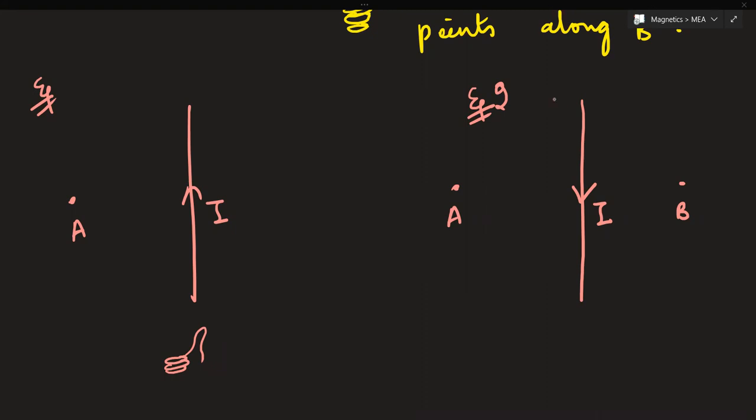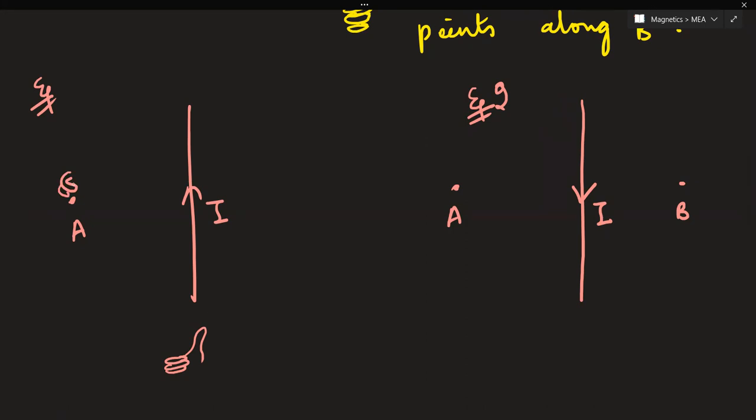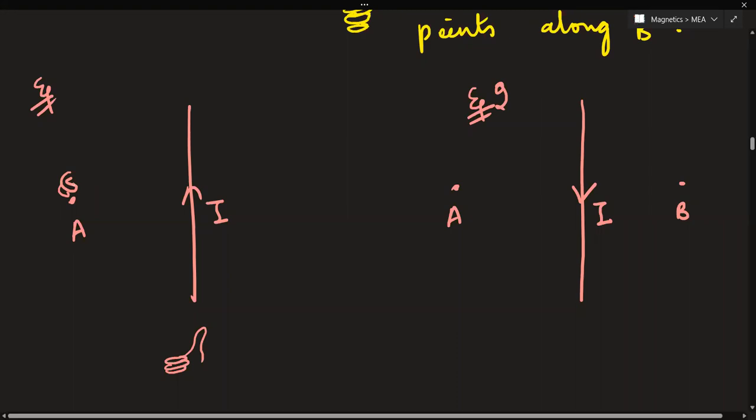Now just see what is happening. Your fingers are like this at point A, meaning they appear to come out. You're using your right hand, be sure about it. You're putting your thumb in front of the wire, that is your current. Nail is pointing upwards. Do your four fingers appear to come out of the page?